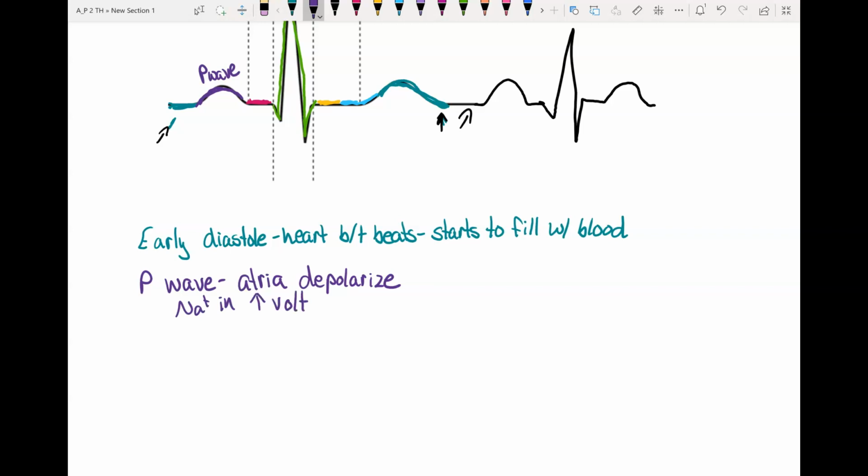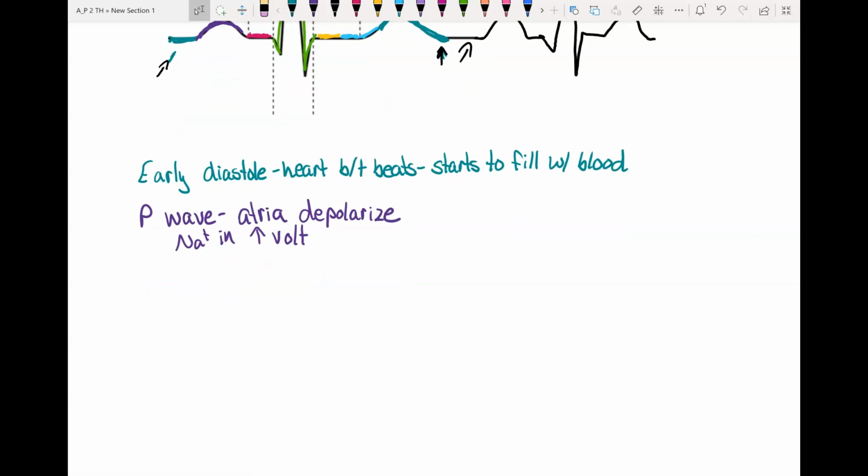That rise in voltage of the atrial cells is what you see as this P wave. And this occurs as the signal moves from the SA node to the AV node. Remember, as the signal's moving from the SA to the AV, it spreads through the gap junctions and depolarizes all of the atrial myocardial cells.